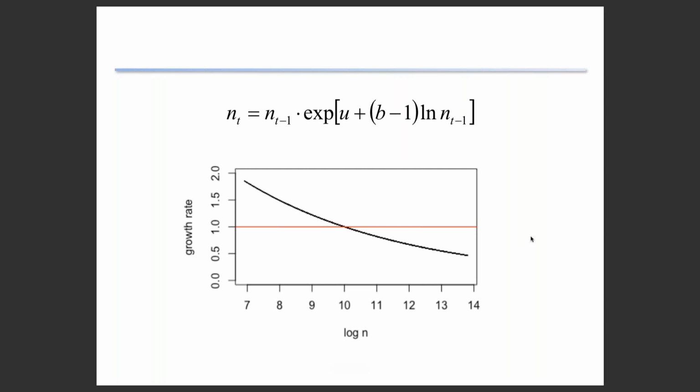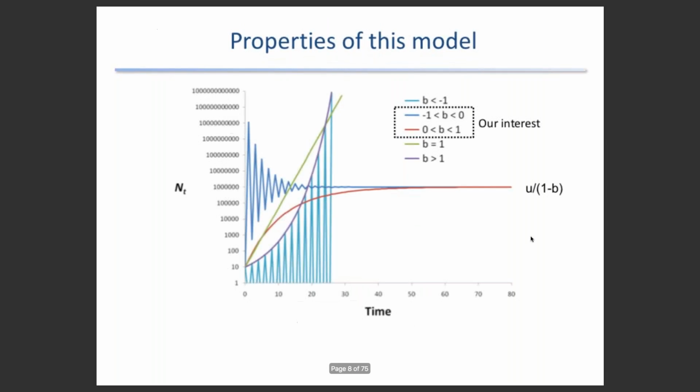You have the growth rate being lower as you pass some equilibrium level here, and then here it's higher. So this particular density dependent model has some particular properties.